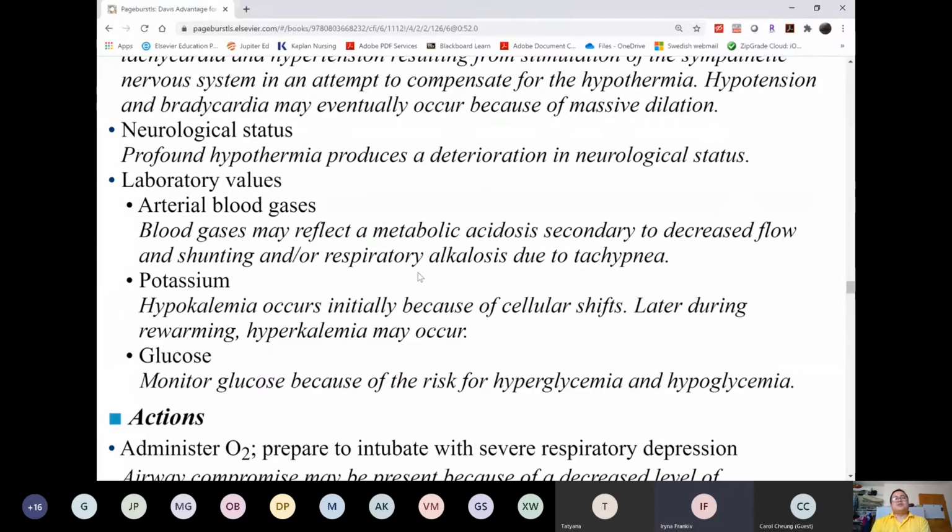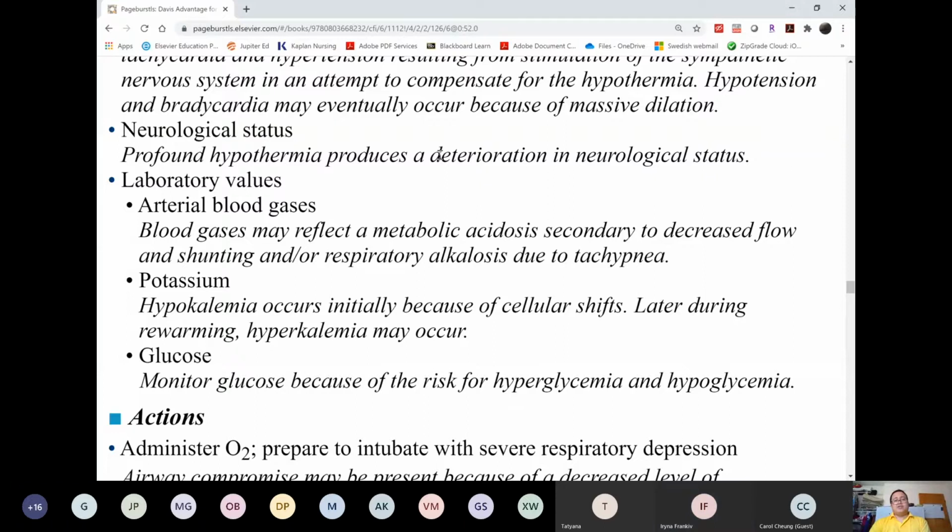So neurologic status. These interventions will go faster when we get to hyperthermia because we're really assessing the same things. Whether it's hypothermia or hyperthermia, it will cause changes or deterioration in the neurologic status.